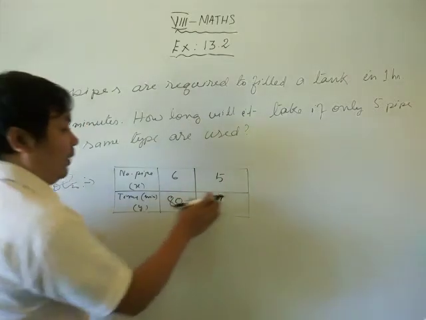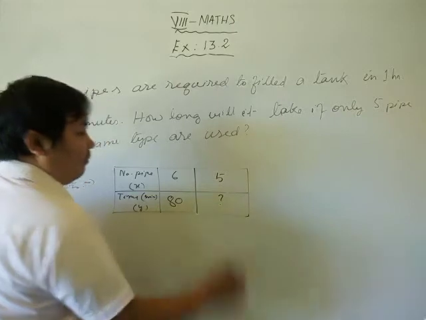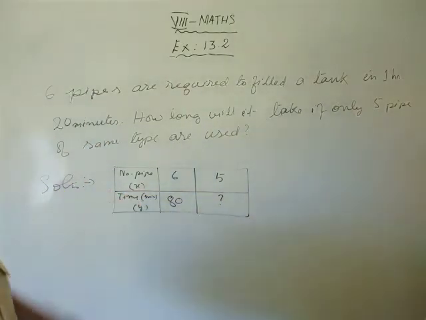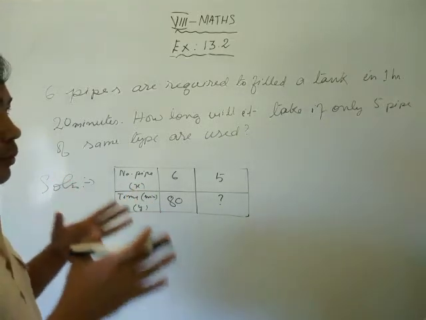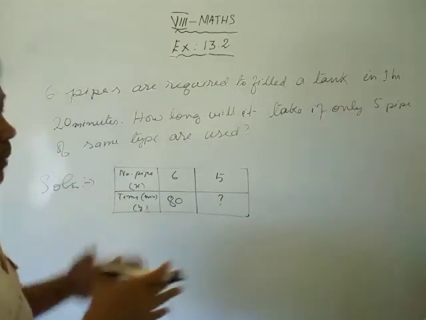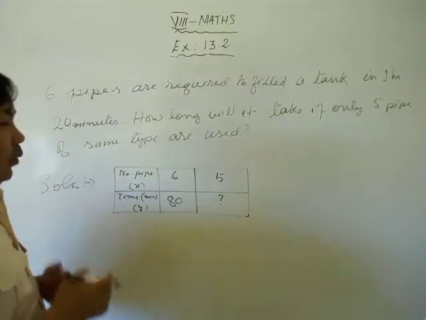It means it will take more time here. The time taken by 5 pipes will be more than by 6 pipes, because we are going to use fewer pipes, and it will take more time. So how much will it take? Let's see whether it will take more time or less time.